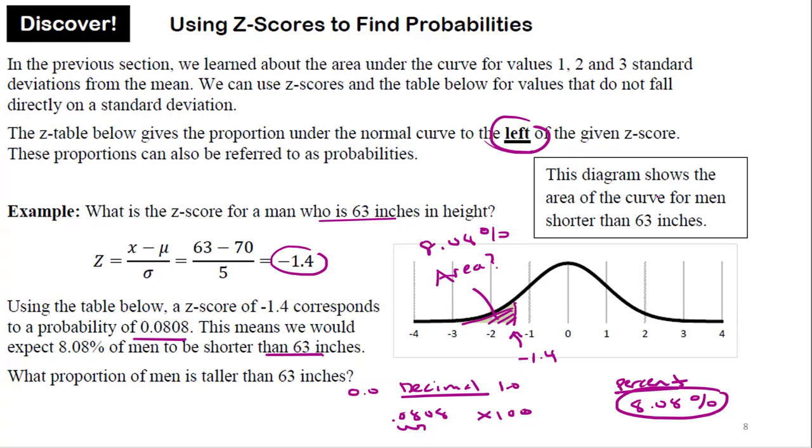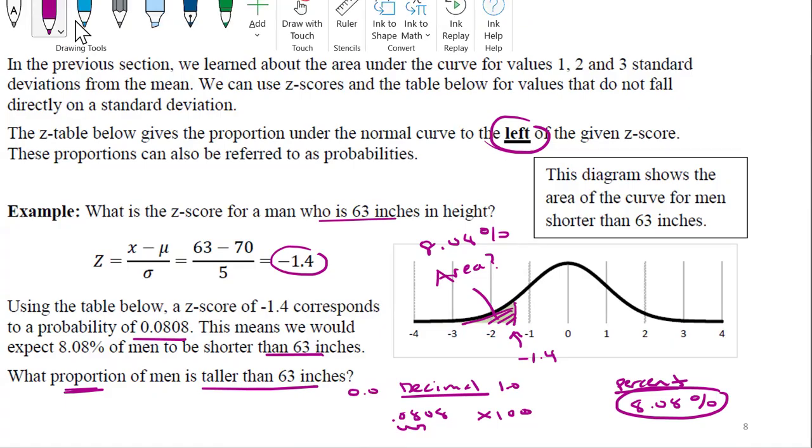Okay, so now let's answer the second part of this. It says, what proportion of men is taller than 63 inches? Okay, so that's what I mean. You need to be careful where you shade it, okay, because it depends on the question. If it doesn't say anything, then it's always to the left. You always shade to the left. But in this second part, we want the proportion or the area that is taller than 63 inches.